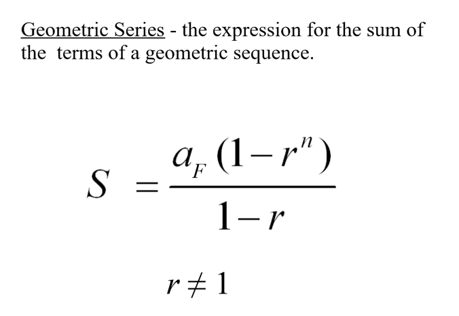So, first of all, a geometric series is the expression of the sum of the terms of a geometric sequence. It's given by this lovely formula, S is equal to a1 times the quantity 1 minus r to the n over 1 minus r. And I have the little disclaimer here that r, that common ratio, can't be 1. Well, if it's 1, it's not really geometric per se.